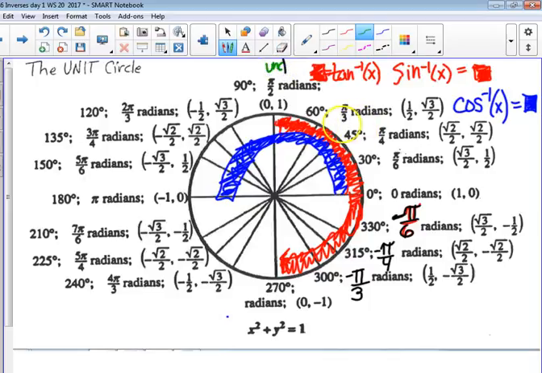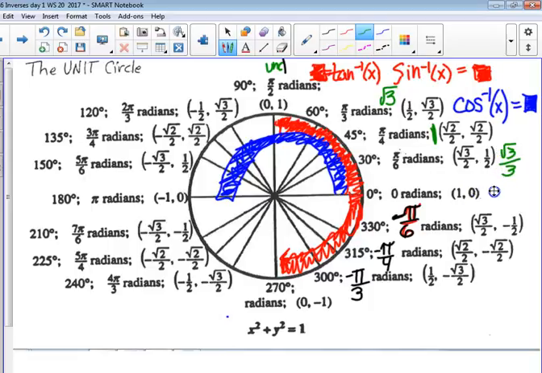All right. What about here at pi over 3? The y over the x would be square root of 3 over 1. Everybody good? Because the denominators would cancel. If you went down here to pi over 4, you'd have square root of 2 over square root of 2, which would be 1. If you went here, you'd have 1 over square root of 3, which would be root 3 over 3. Everybody okay?